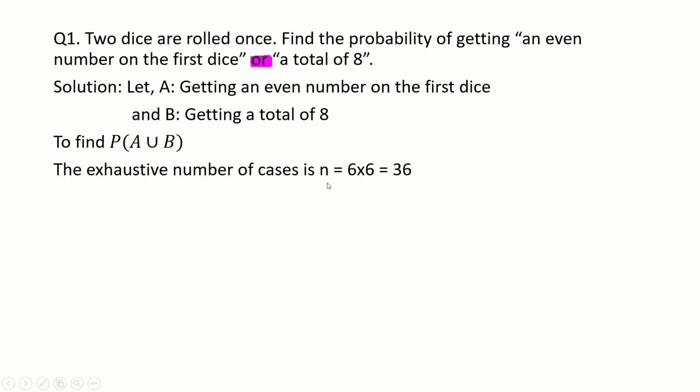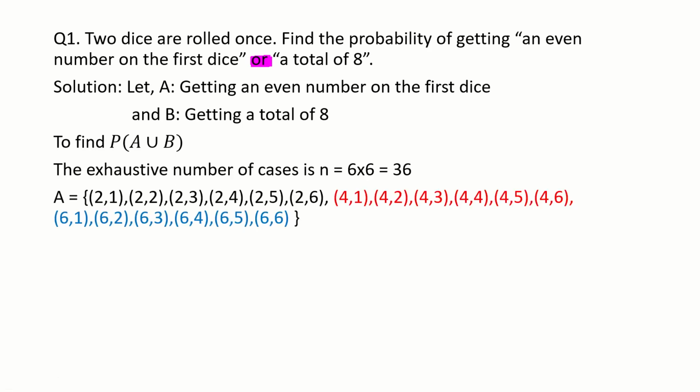Now event A will contain 2 on the first dice with 6 combinations on the second dice, then 4 on the first dice with 6 combinations, similarly 6 on the first dice and 6 on the second dice. So the total number of elements of A is 18. We denote it by M1. M1 equal to 18.